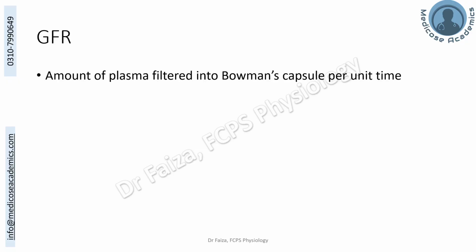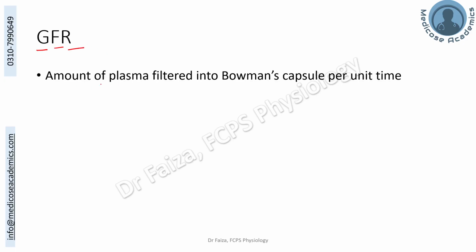Now we will look into the details of the GFR, as we have seen the glomerular capillary membrane structure, and we know there is going to be filtration of the substances across the glomerular capillary. Now, what is this filtration? GFR stands for glomerular filtration rate.